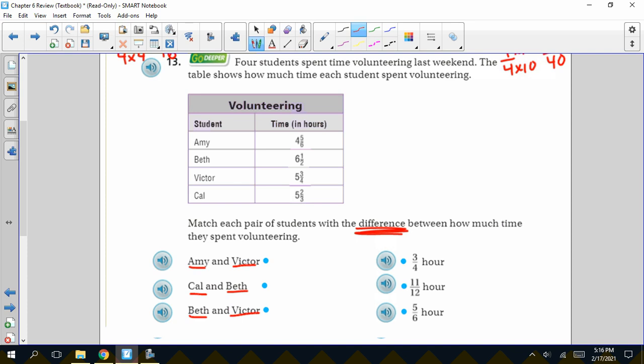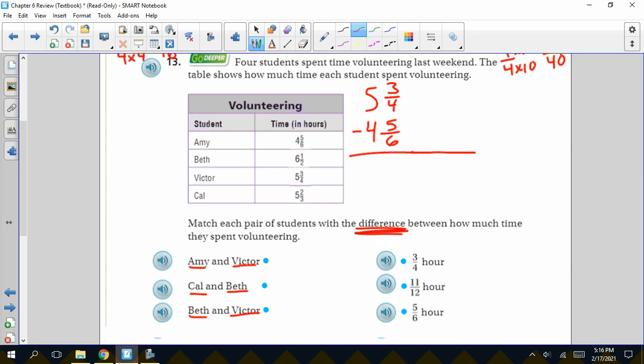So we're going to subtract Amy, which is 4 5/6, and Victor, which is 5 3/4. Victor is going to go on top because his is a larger number. Minus 4 5/6. The first step is to find a common denominator.